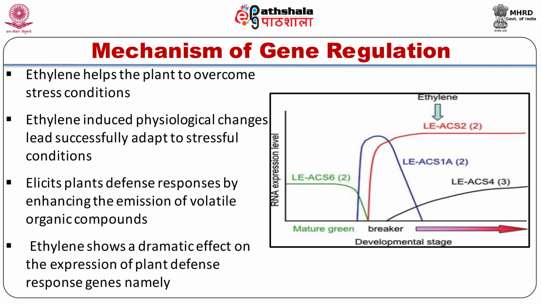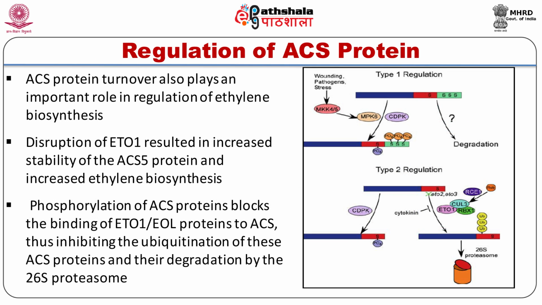The transcript levels of distinct subsets of ACS genes increase after wounding and in response to osmotic stress, high temperature and drought conditions.